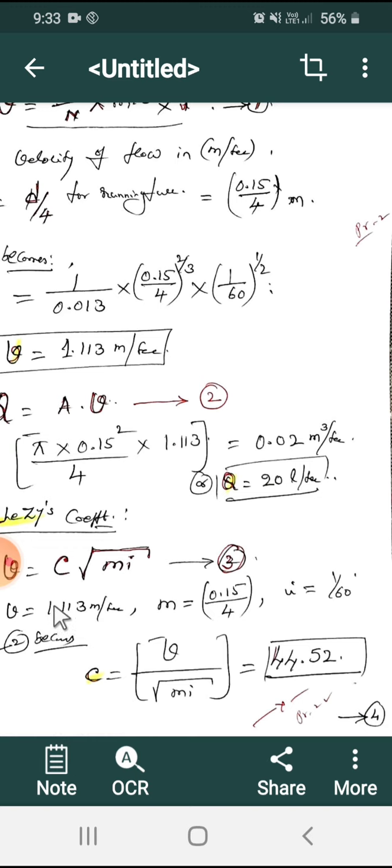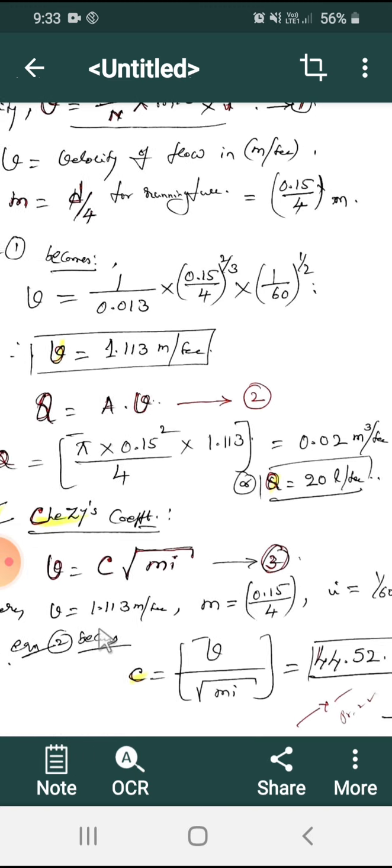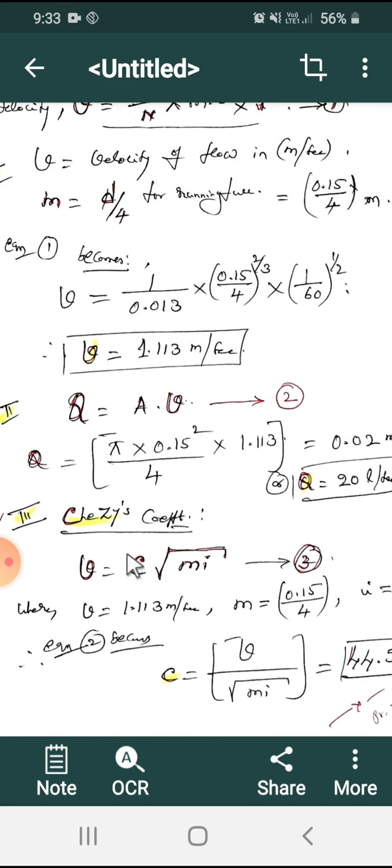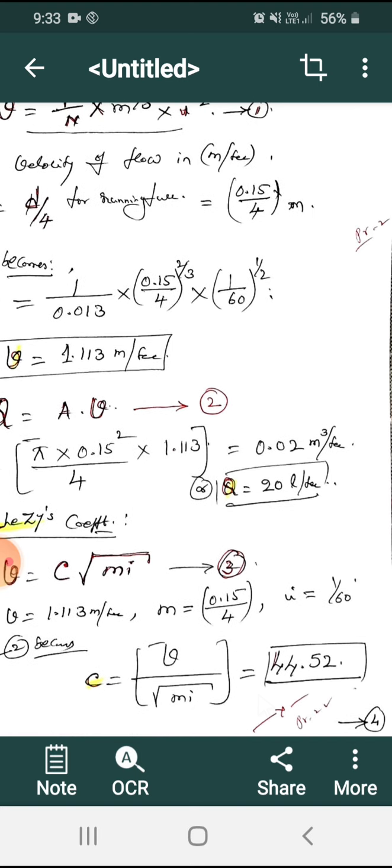You substitute these values into the equation V is equal to C root MI. C we want, V we know, M we know, I we know. Substitute here, C is equal to V divided by root MI. The answer is 44.52. This will complete this problem.